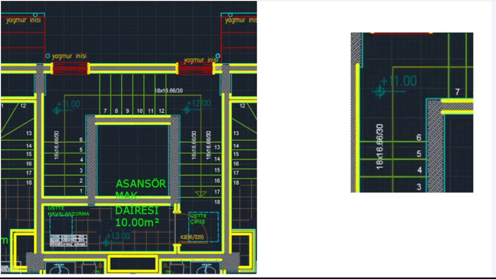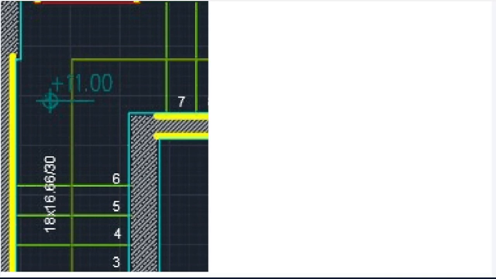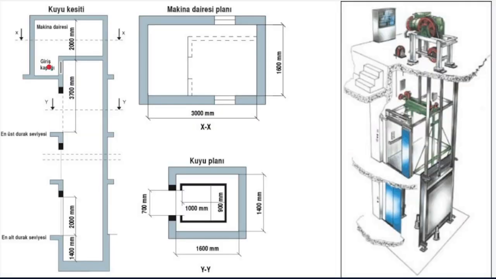We have talked about this, and we talk about the coding here. Here is the elevator room. Am I right? This one. The elevator room, look at here, is here. So this is the elevator room, okay? But the elevator room, as I told you, should be 1 meter up.